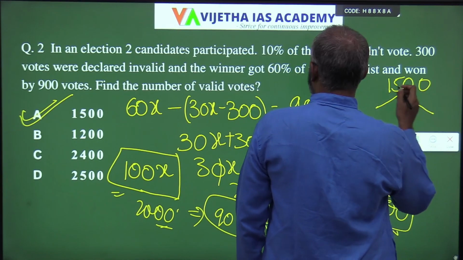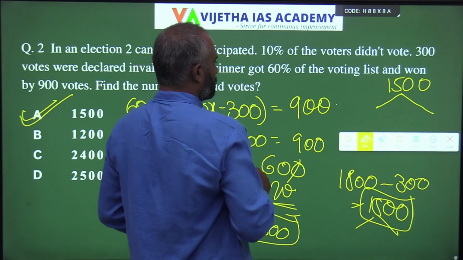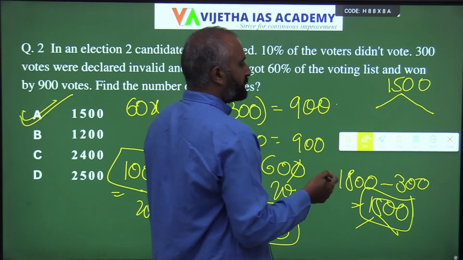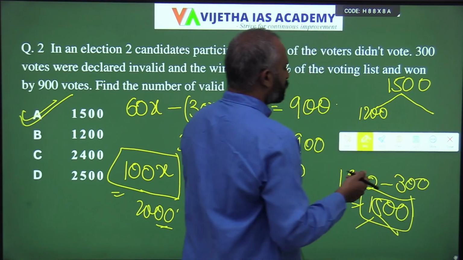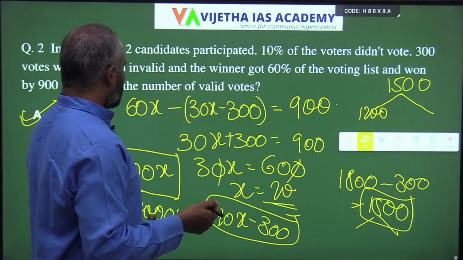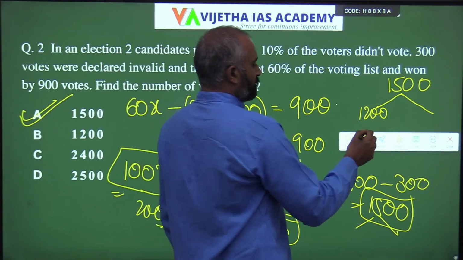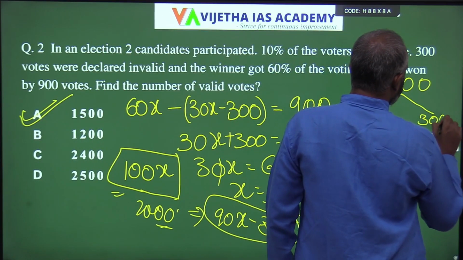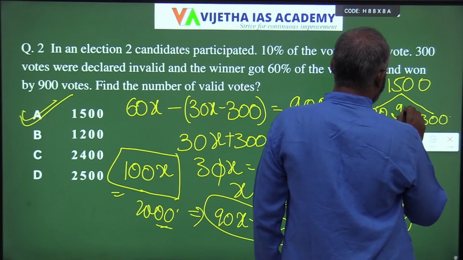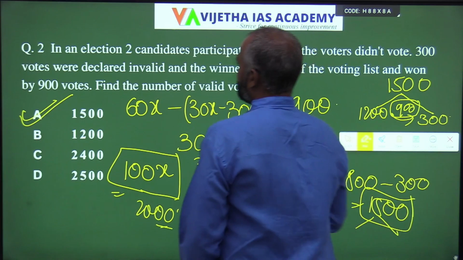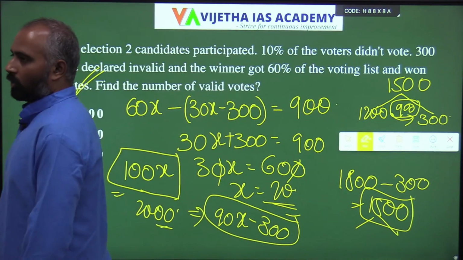Total votes are 2000, and the winner got 60% of the total votes. 60% of 2000 is 1200. So the loser got 300 votes. So what is the difference? The difference is 900, which is what is given in the question.